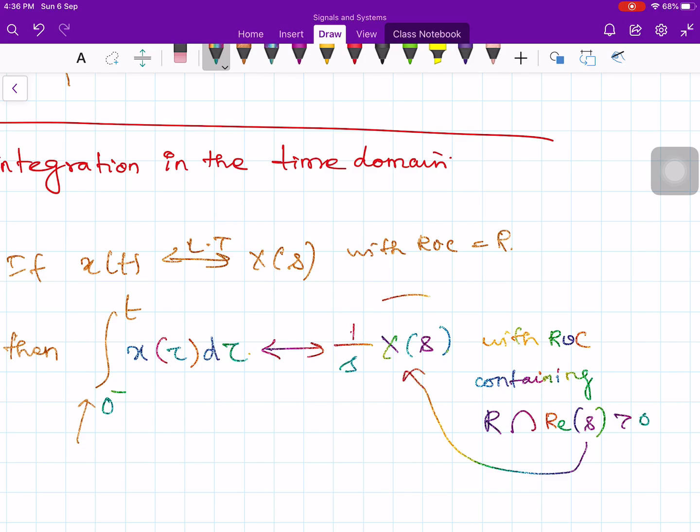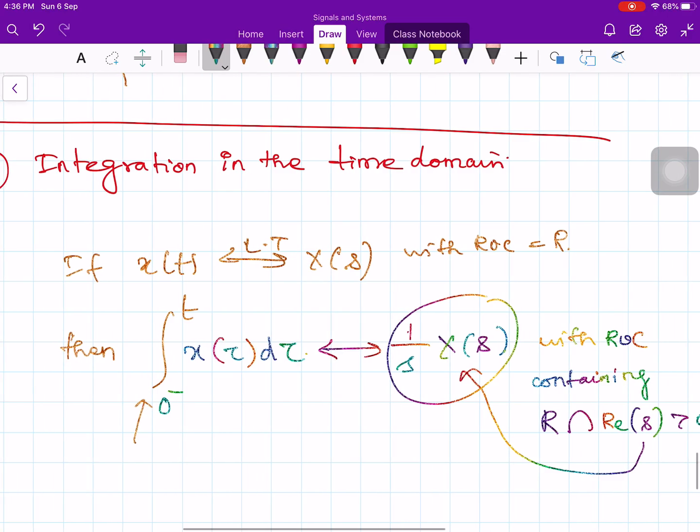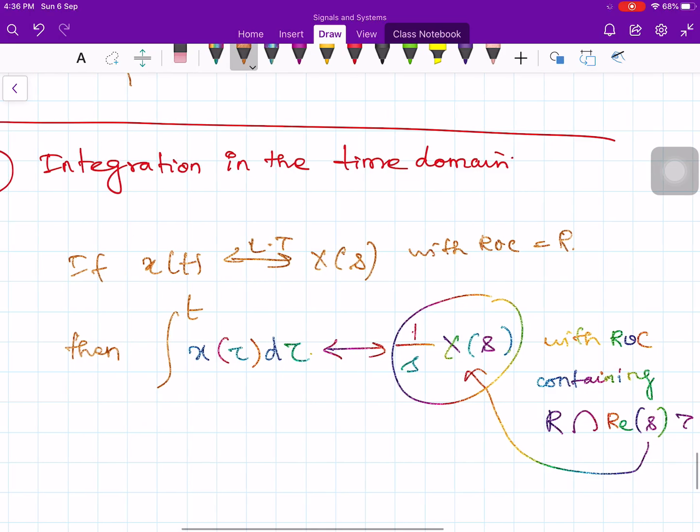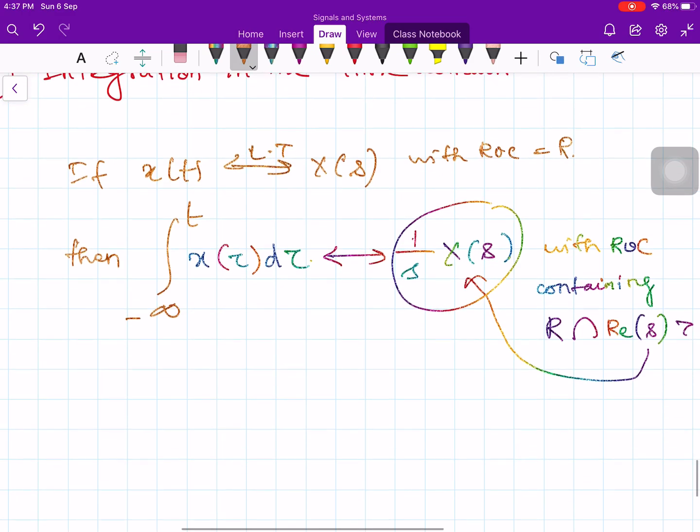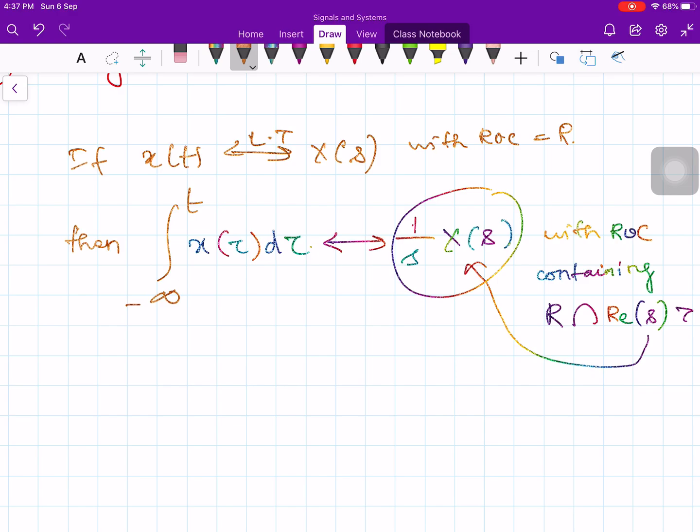Now let me say this is for the bilateral Laplace transform, so I'll put a minus infinity. This property is the inverse of the differentiation property. It can be derived using the convolution property presented in the previous lecture.